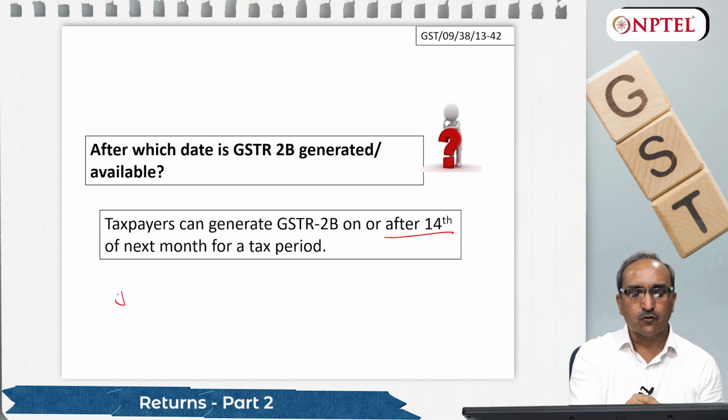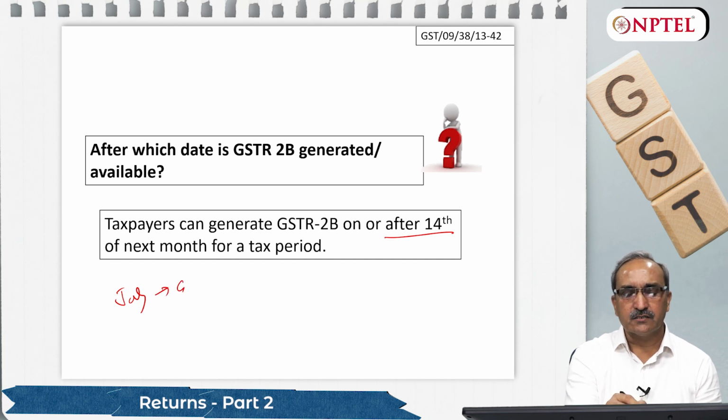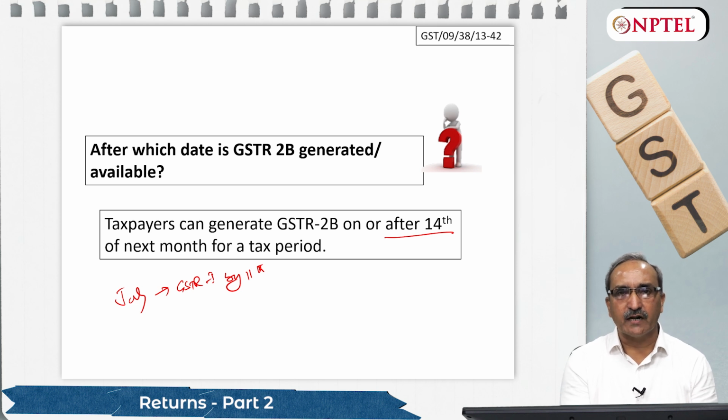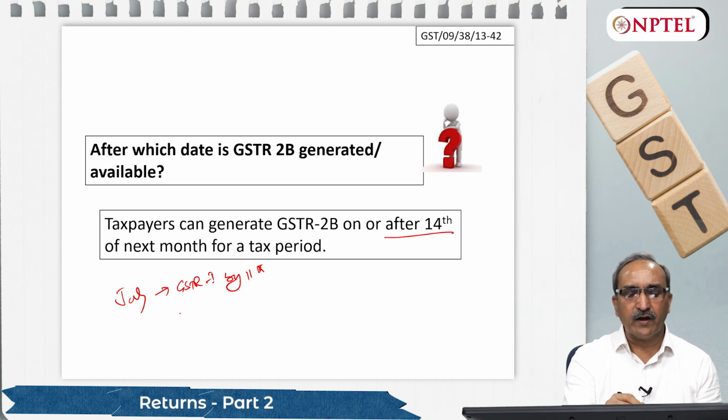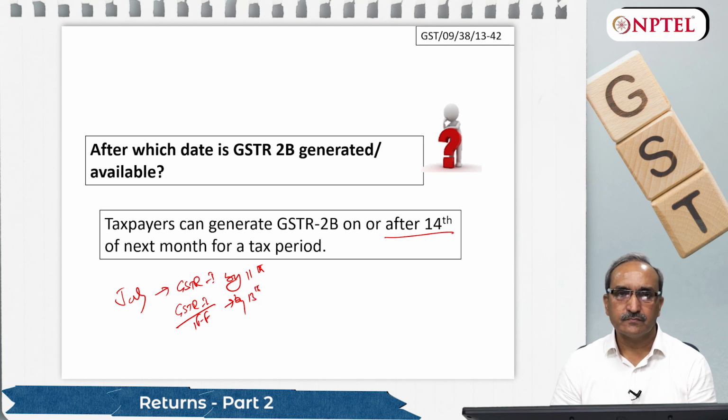Because for July, the supplier will file its GSTR 1 by 11th, and there are some other suppliers, we will talk about that also, who are supposed to file their GSTR 1 or IFF by 13th. Invoice Furnishing Facility is another mechanism under GST for filing returns.